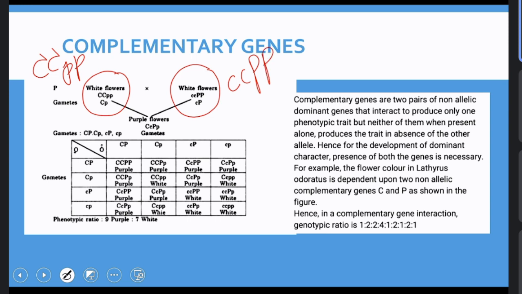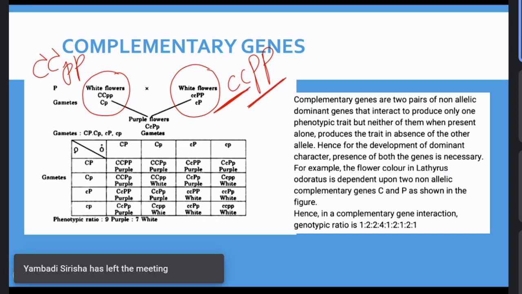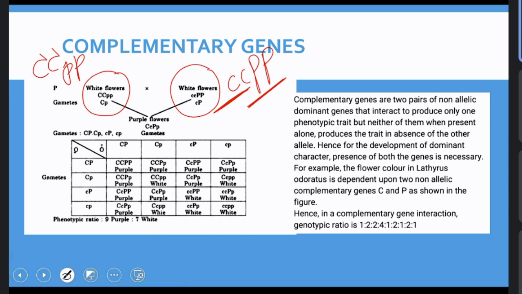What the scientists say is, here the recessive locus is suppressing the expression of the dominant locus, capital P. Likewise here, small p, which is recessive, is suppressing capital C. So there are two pairs of recessive genes having the same effect.